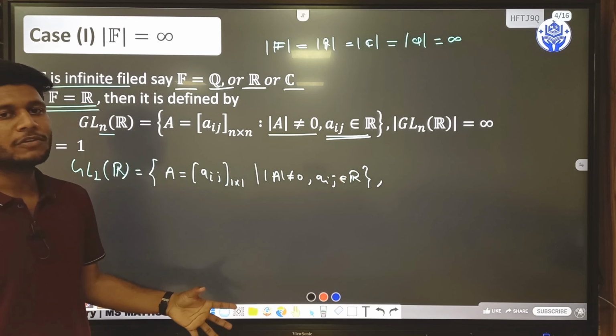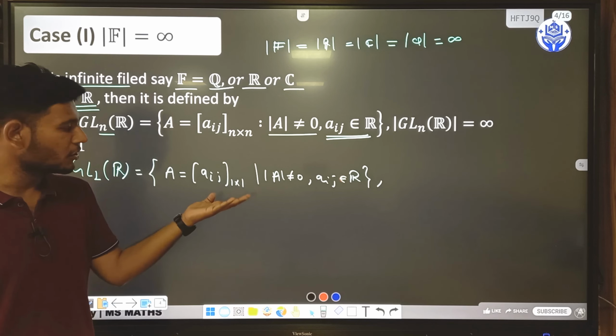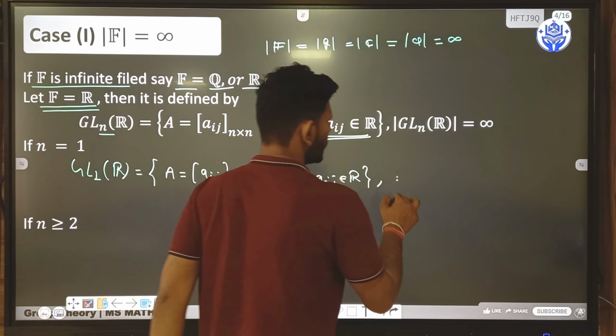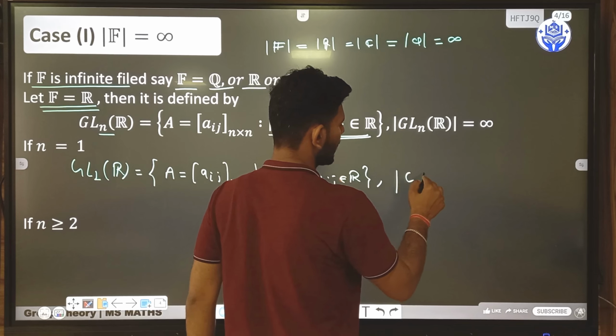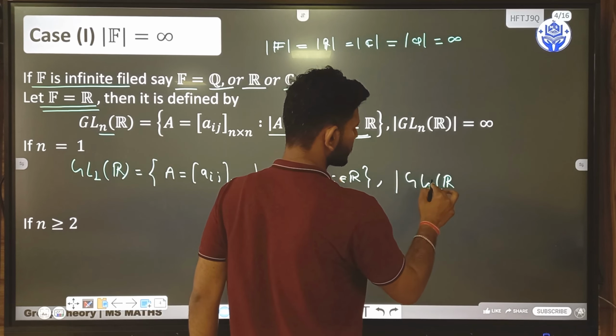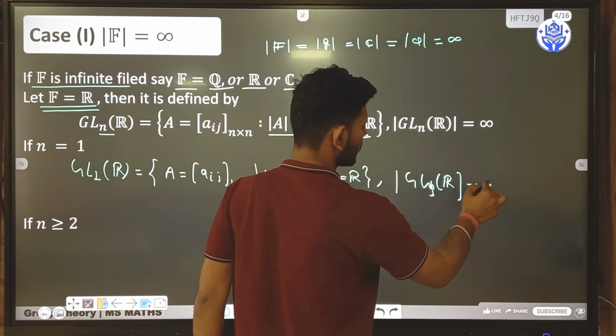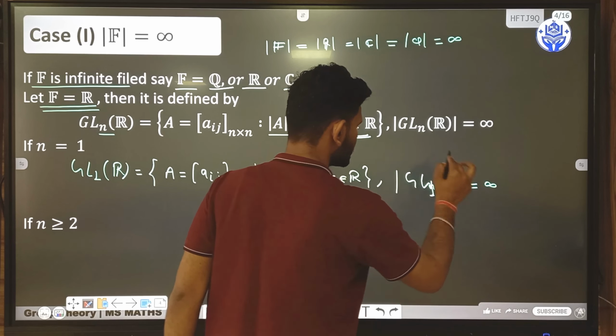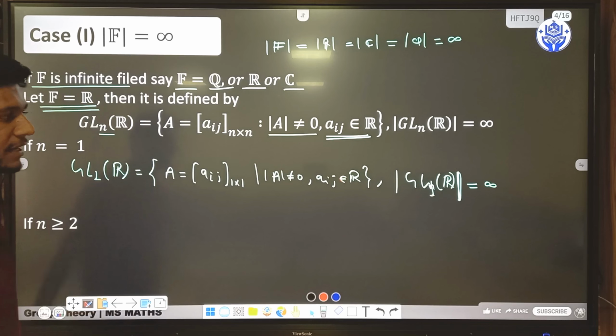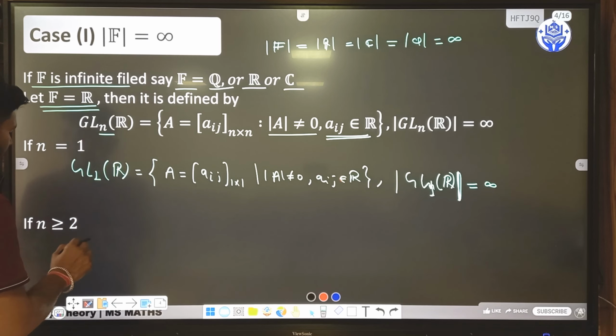You can take any non-zero constant, and that will be a 1 cross 1 matrix whose determinant is non-zero. And the order, or cardinality, of GL_1, how many elements will be in this set, will be an infinite number of elements.